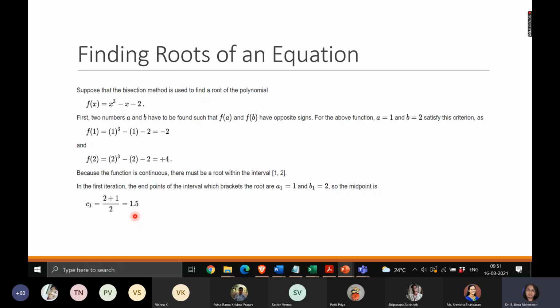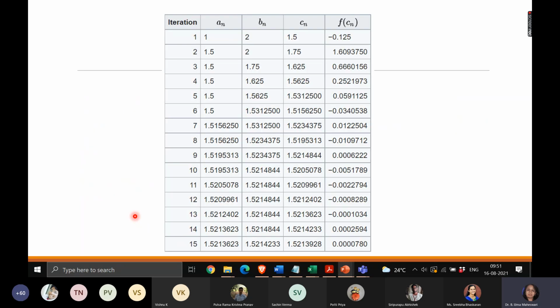You will have 1.5. After that, what will you do? For your understanding, I have given you a table. If you apply 1 and 2 to the function, what is the middle value? It is 1.5. Take the middle value and apply it to the function.